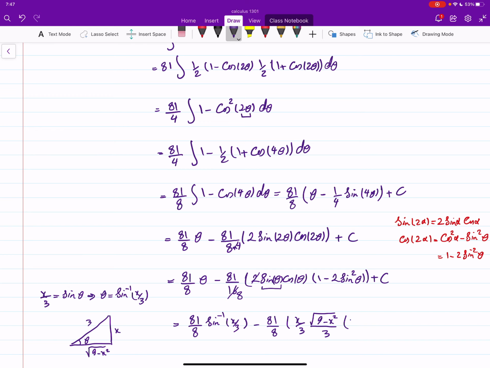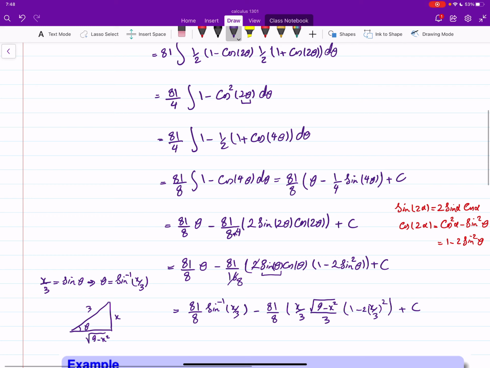Then 1 minus sine theta, which is x over 3, squared, is what we have there. Okay, plus c.